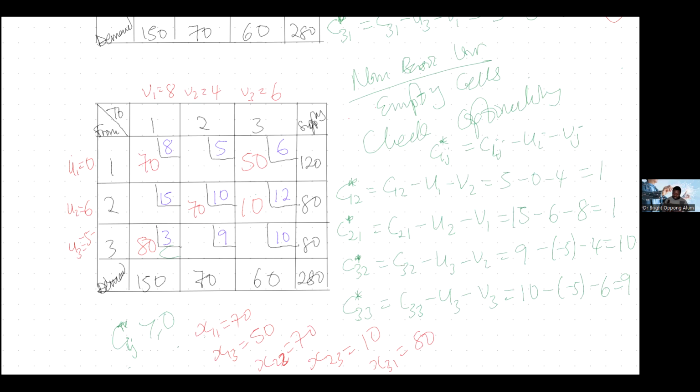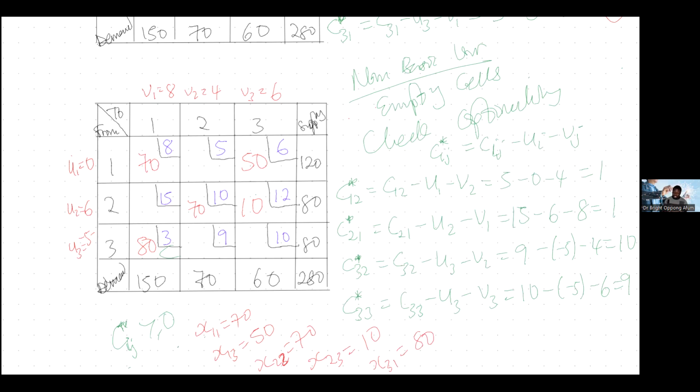So what all this means is that for the modified distribution, find the Uis and the Vjs for each tableau. Find them from the basic variables, from the known values, or from the occupied cells.